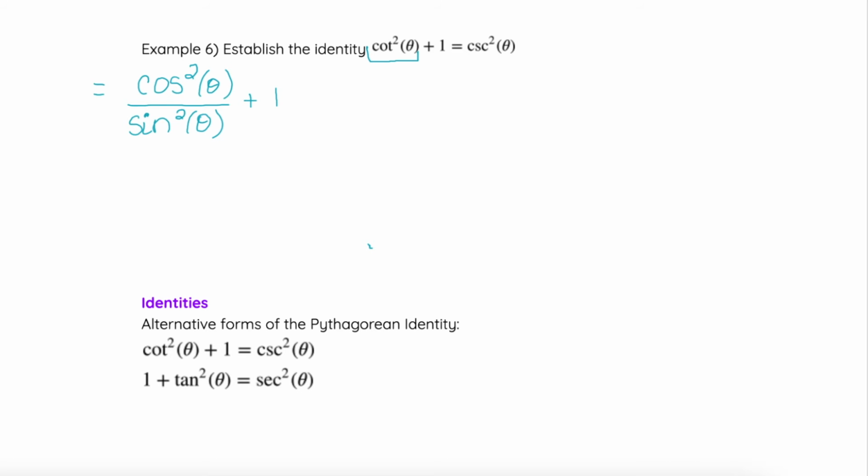Then I'm going to use the Pythagorean identity for my numerator. See what might happen. The same identity that we worked with on the last example.